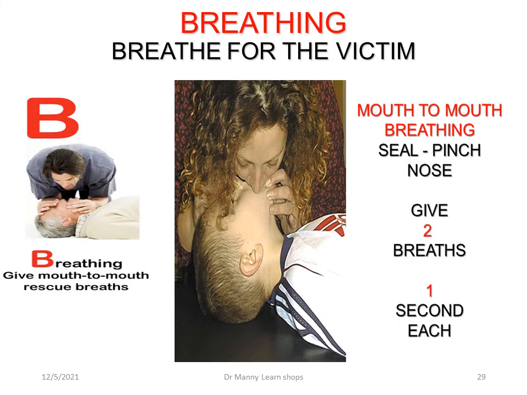Breathing, you breathe for the victim. You can use mouth-to-mouth breathing, or mouth-to-mouth and nose breathing, in which case you seal and pinch the nose, or you cover the nose with your mouth as well. You give 2 breaths, and each breath is given over 1 second. Slowly, because you want the air to go into the lungs, not into the stomach.